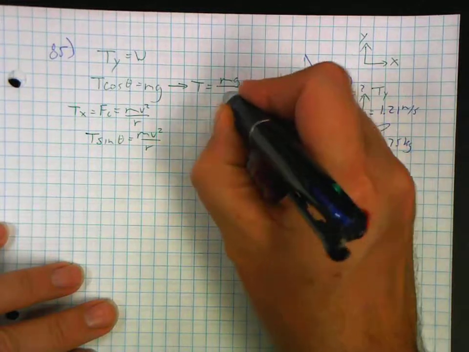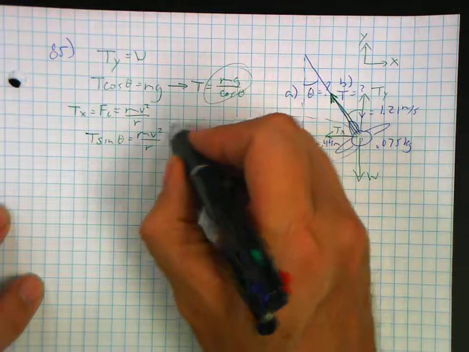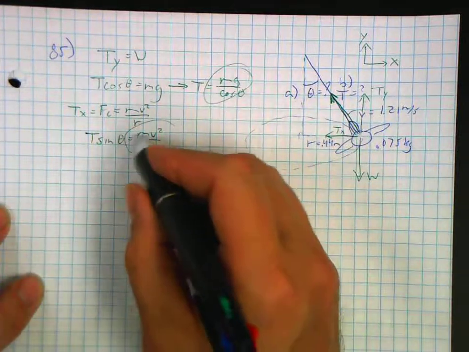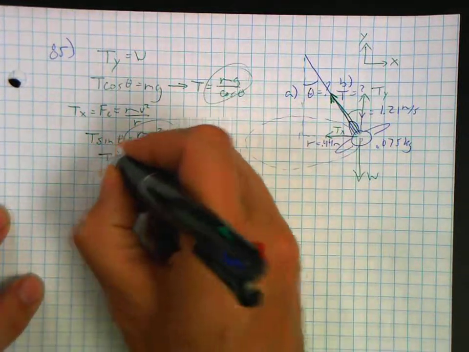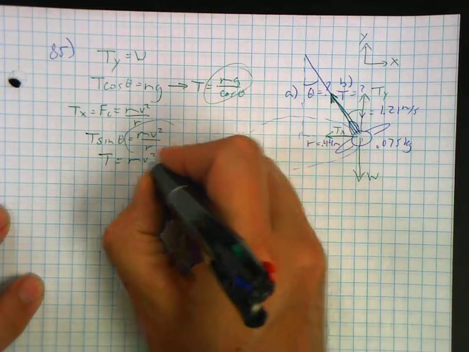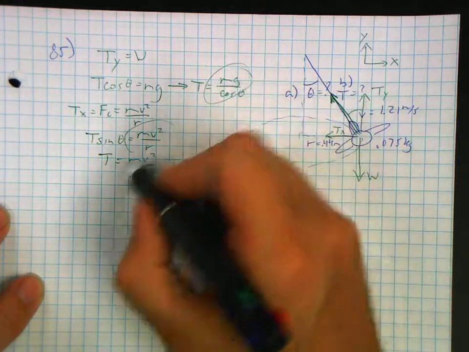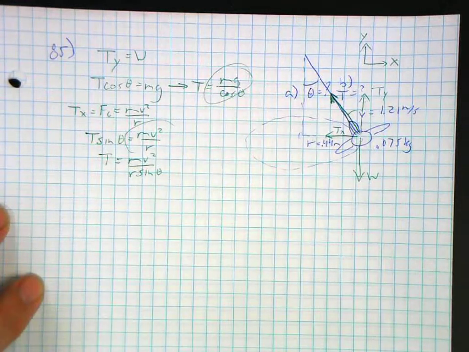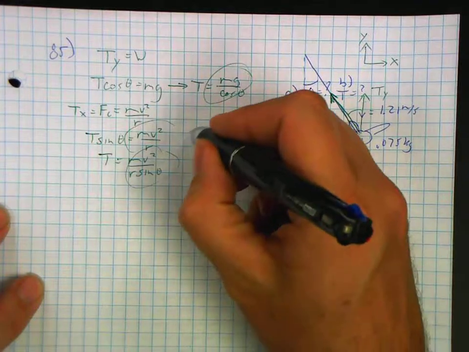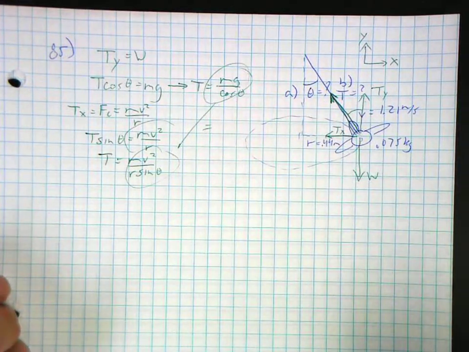Now I'm going to take this and set it equal to the other one. Tension equals mv squared divided by r sine theta. This tension equals that tension. So that thing and that thing are what are set equal to each other to make the tension go away. We're left with some sines and cosines. I'm hoping I get a tangent out of this thing.